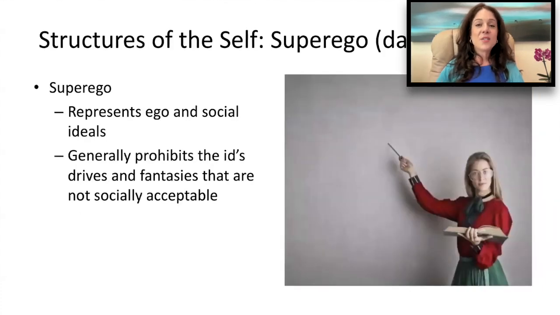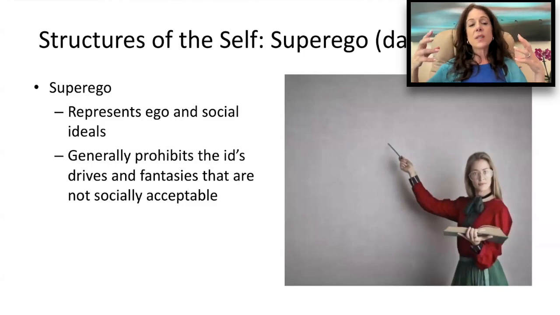And then we have the superego, which I love in the German original of the term, it's the Über-Ich, which is the above me or the over me. So there's the self, my identity, the I, and then there's the above me, which is society, right?